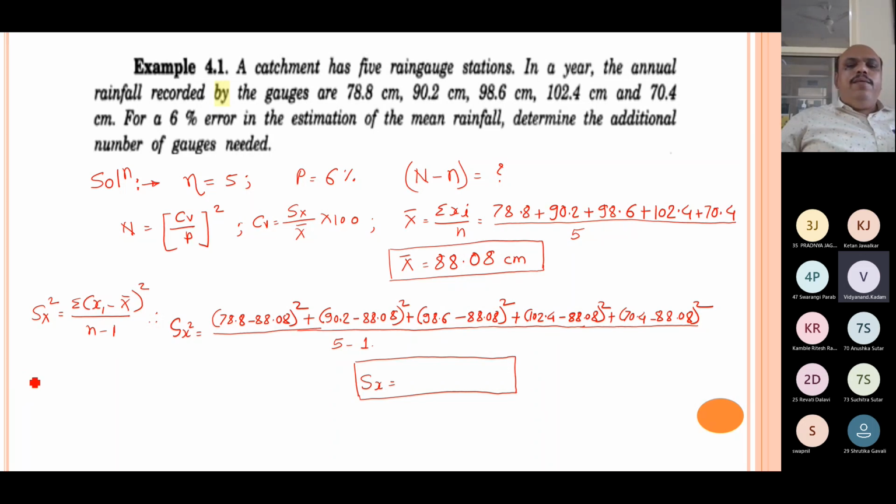So everybody calculate Sx, and from that we will calculate Cv, because Cv is Sx upon x bar into 100.